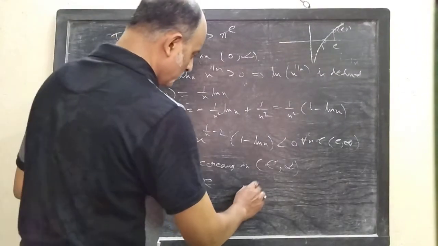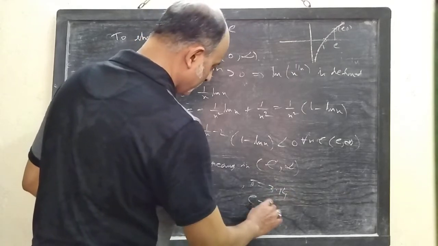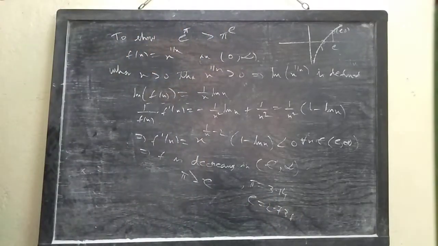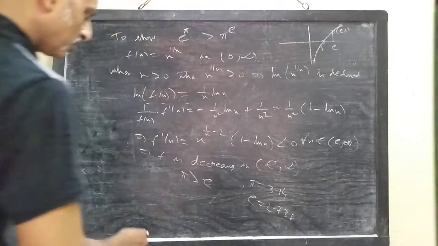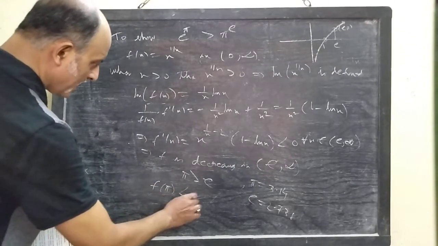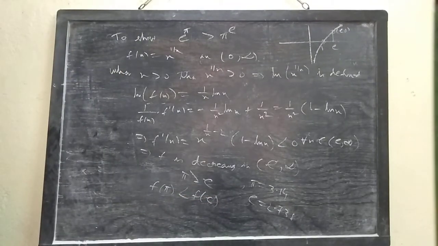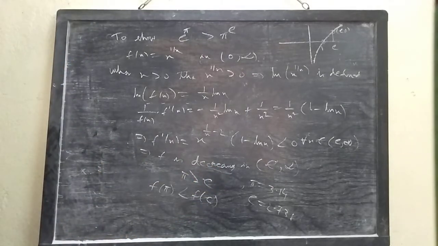Because you know the approximate value of pi is 3.14 and the approximate value of e is 2.718. So pi is more than e. So as f is decreasing in this interval, you can write f of pi is less than f of e. Because higher the value of x, lower the value of the function in case of a decreasing function.